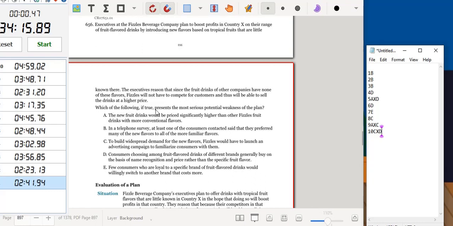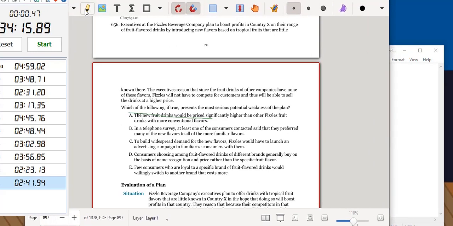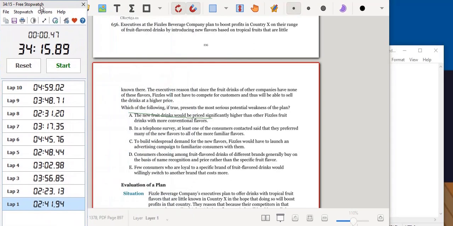Which of the following, if true, presents the most serious weakness of the plan? The fruit drinks would be priced higher than the other fruit drinks. So I did it wrong here, right?